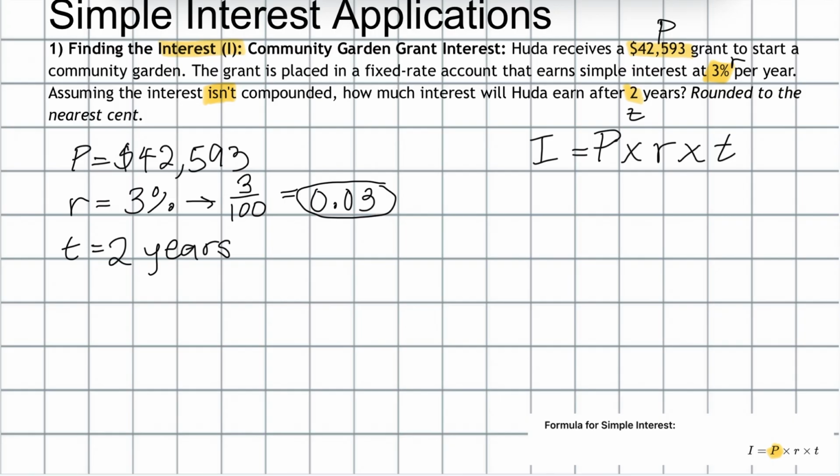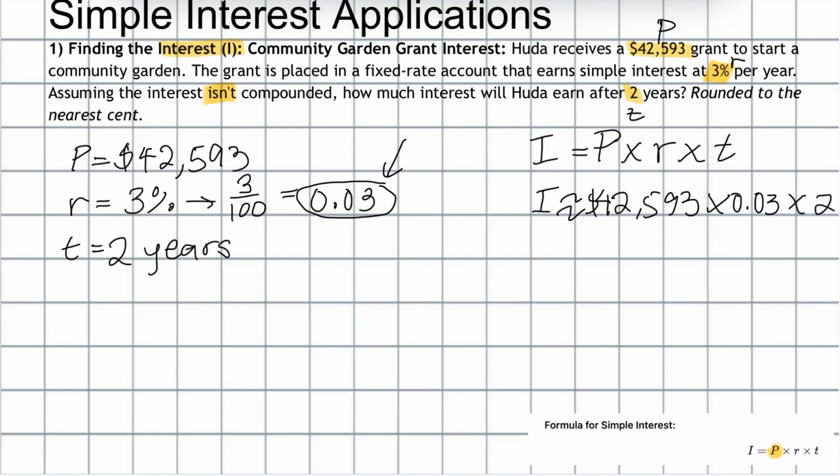So if we plug in that information, we're going to say that T is equal to 2. P, which is interpreted as $42,593, times the rate, which is 0.03, times 2, which is the time.